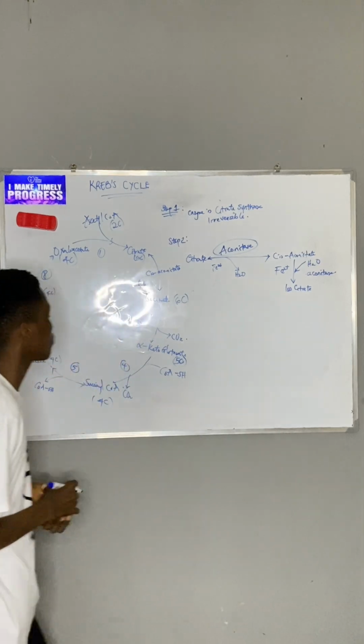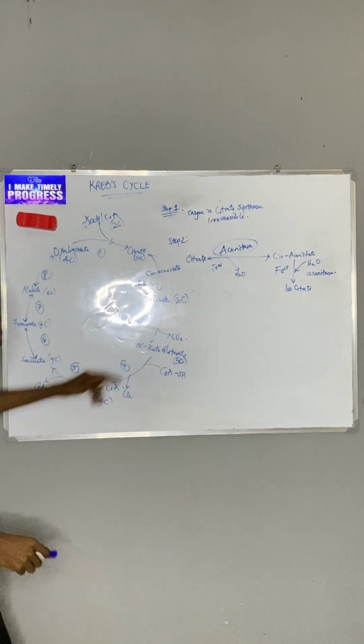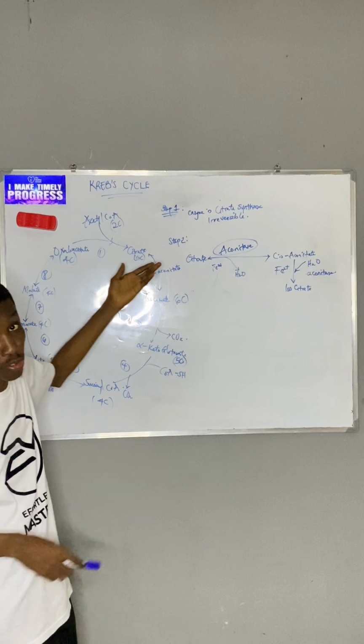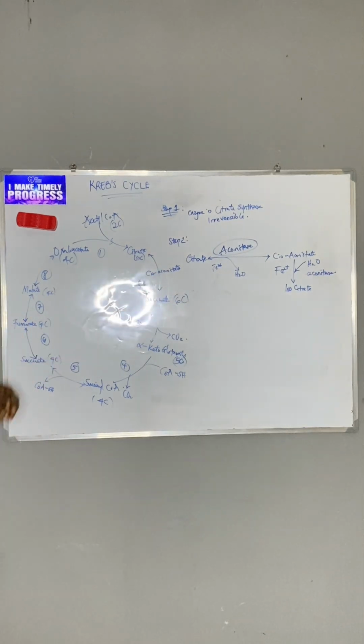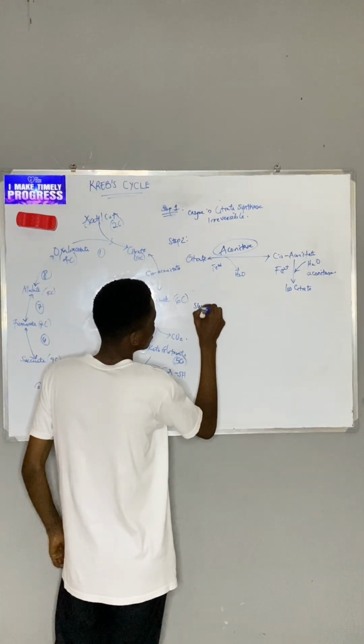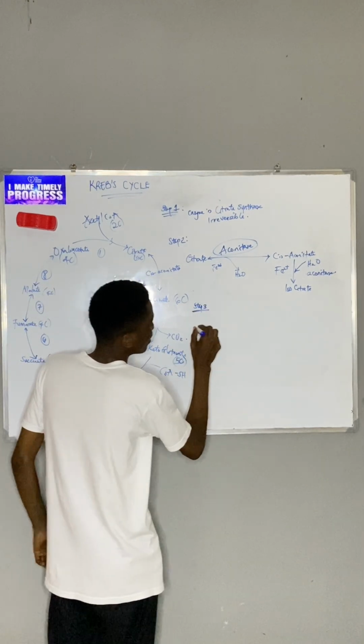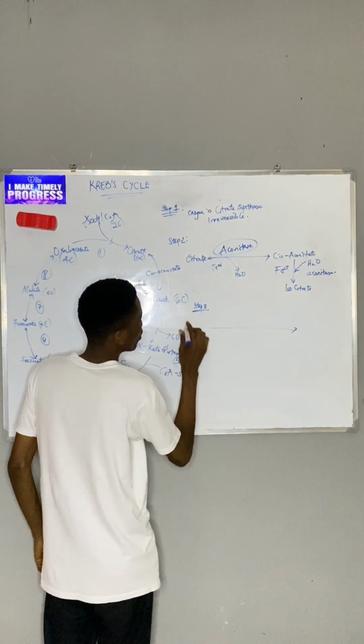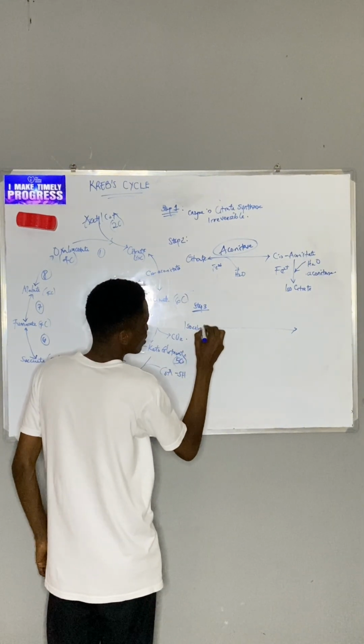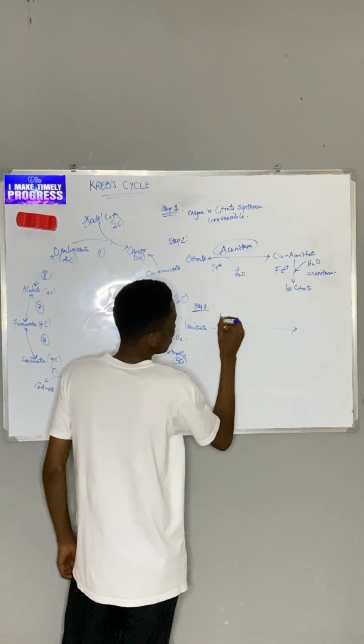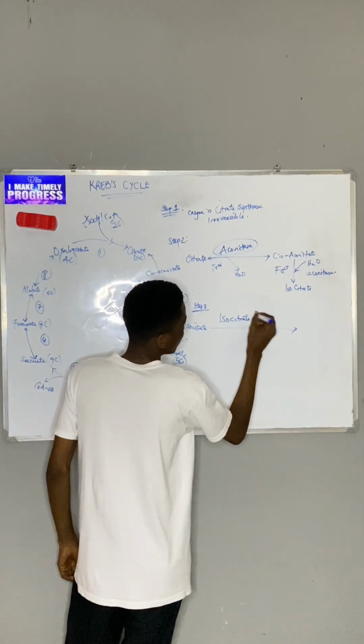Alright, so from here, isocitrate, for the first step, there was really nothing to write. That's why I didn't write. Isocitrate can now be changed to alpha ketoglutarate. And this particular step, called step 3, the enzyme that catalyzes this step is called isocitrate dehydrogenase. And so from the name of the enzyme, I think you can get the trick.